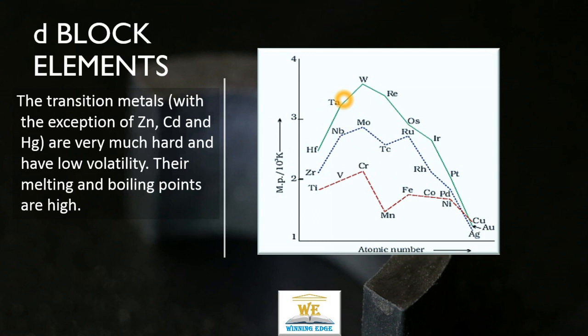This is the first general observation. Next, across the period in each d block series, we see it first increases, drops down a bit at manganese, then again increases and starts decreasing at the end.